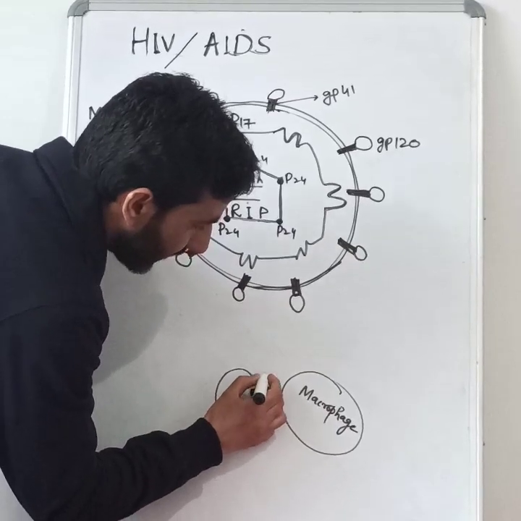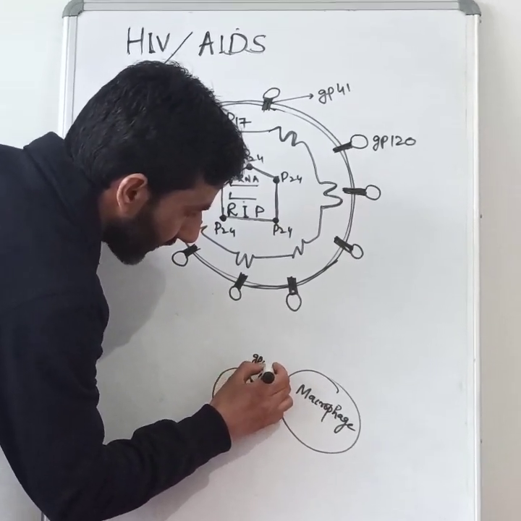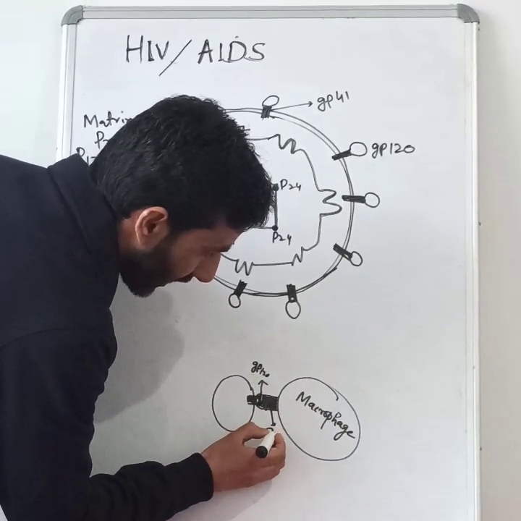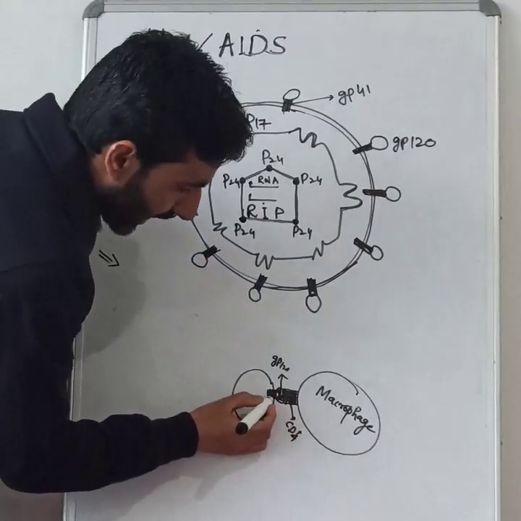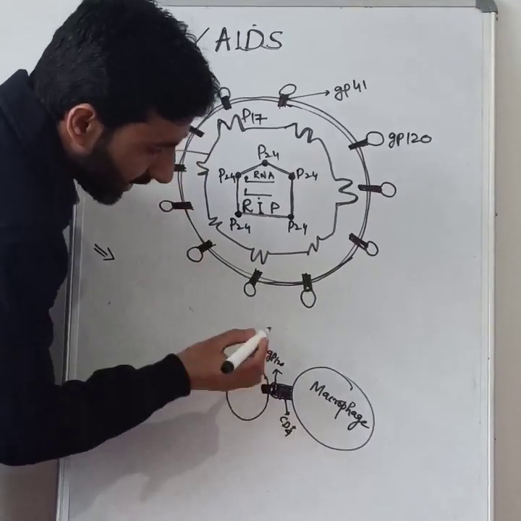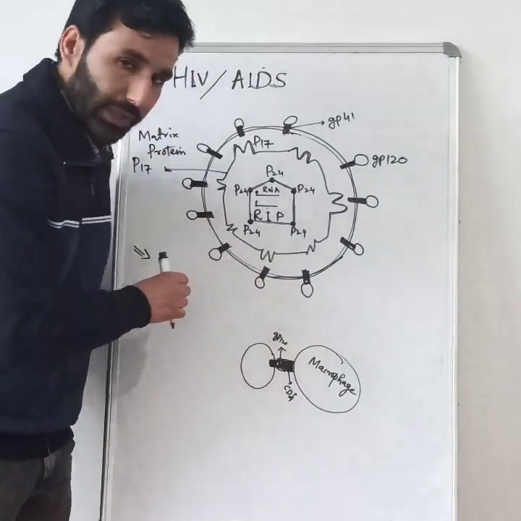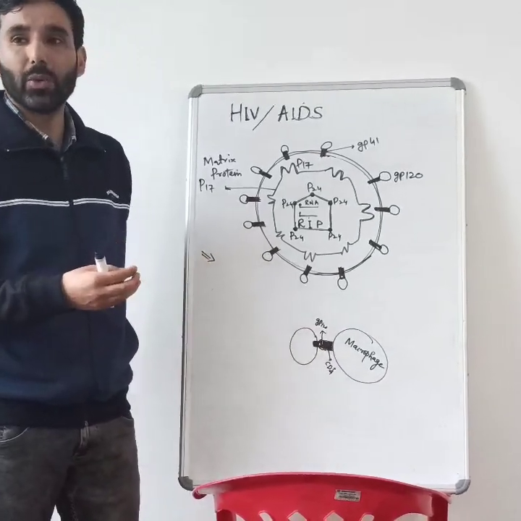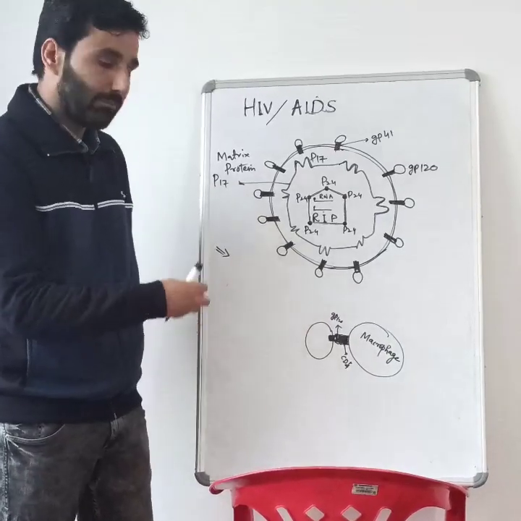So it will bind with the CD4 positive receptor with GP120. This virus will bind with the CD4 positive receptor with the help of GP120. As I already told you, it is the GP120 which helps in the primary attachment, the primary binding with the CD4 positive.